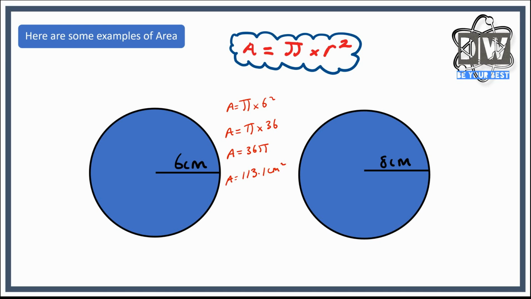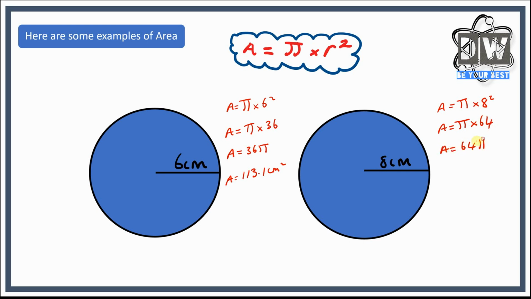And the next one would be area equals pi times 8 squared. So hopefully you know 8 times 8 is 64, so we've got area equals pi times 64. We can rewrite that as 64 pi.